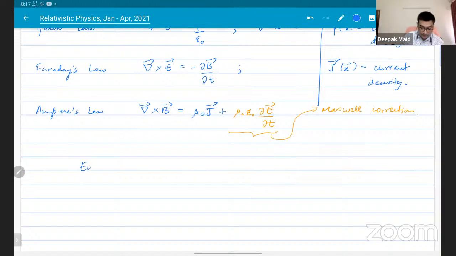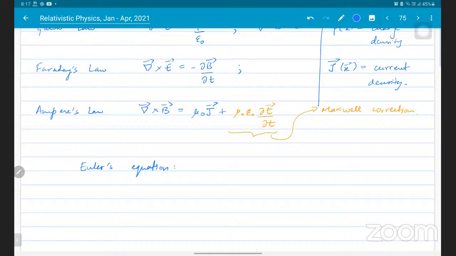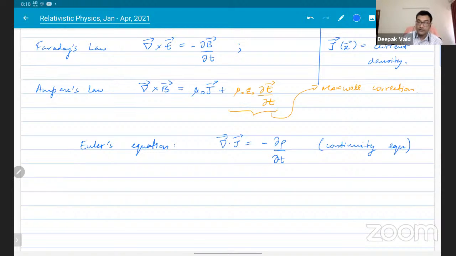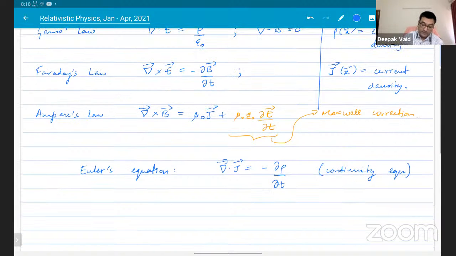It's called the continuity equation, which says that the divergence of J is equal to minus d rho by dt. It basically says that electric charge is conserved.